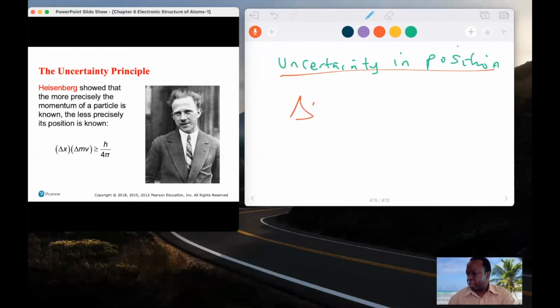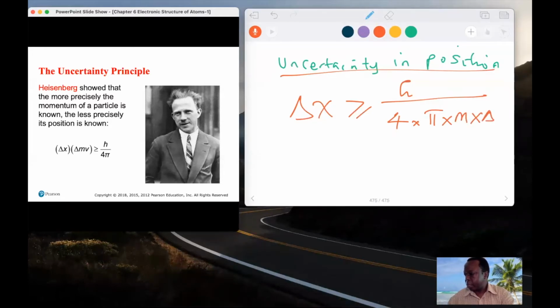Change in x uncertainty is greater than or equal to Planck's constant over 4 times pi times mass times change in velocity, and we have to change mass to kilograms. This is always mass in kg, and this is the speed in meters per second.